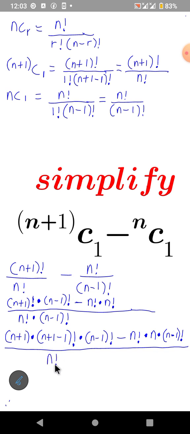n factorial multiplied n minus 1 factorial. Now I'll continue.